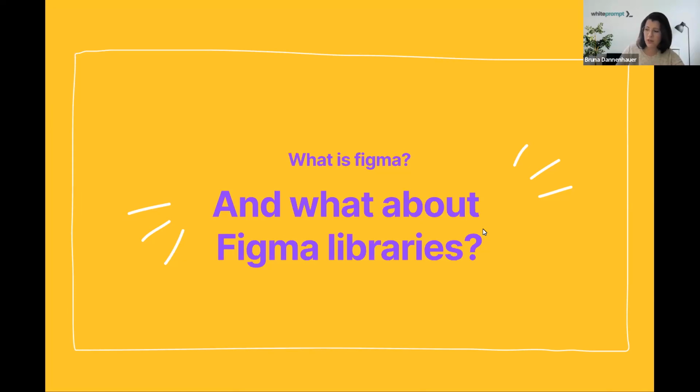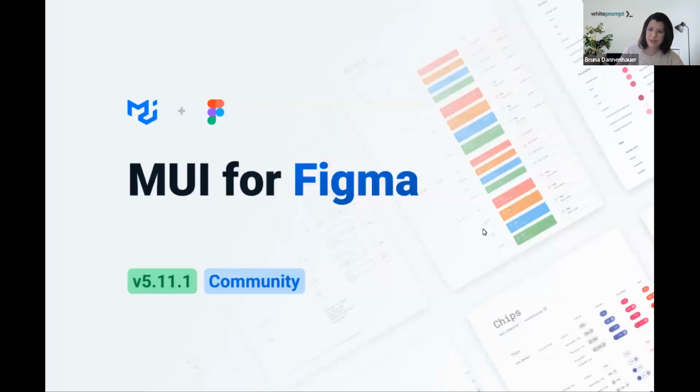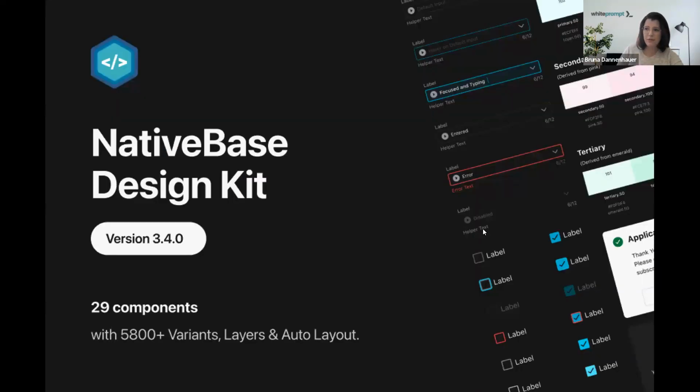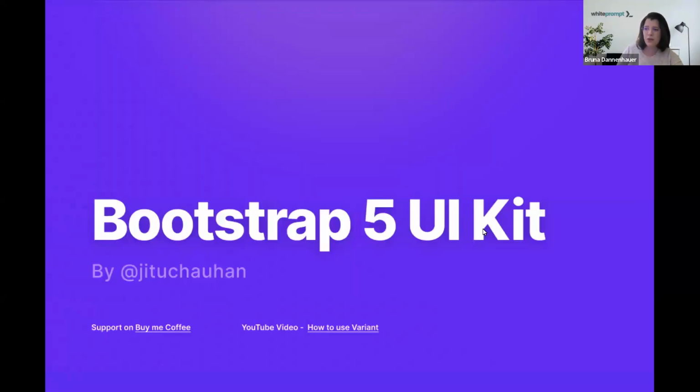For example, we are talking here about libraries that are already inside the Figma community. For example, we have the Material UI library, we have Native Base, we have the Bootstrap library, and I know those are all libraries that you guys also have in the front end ready to be used.